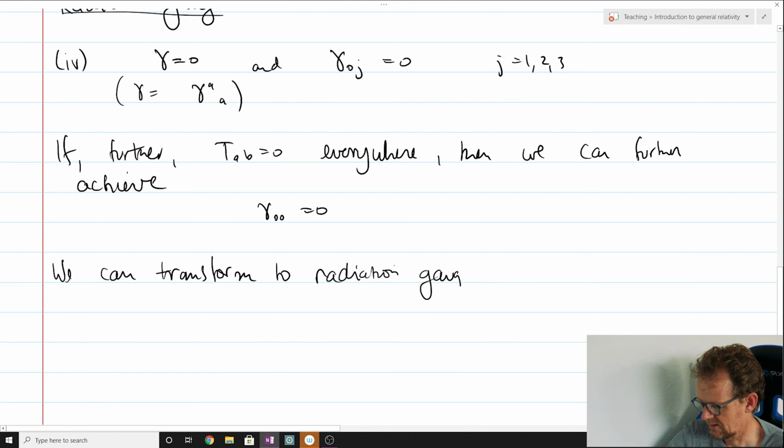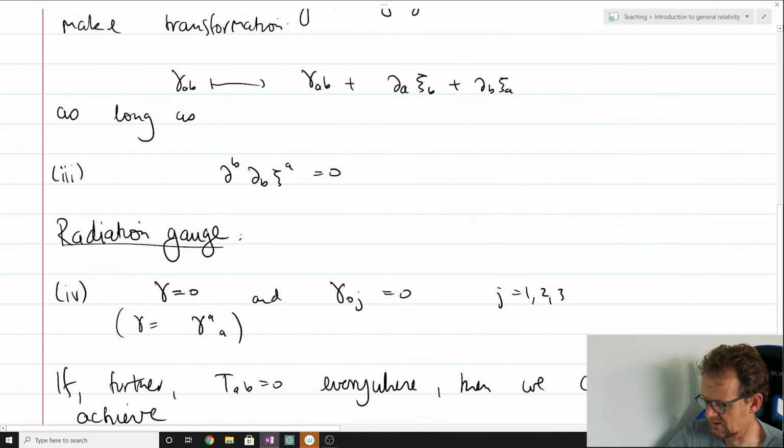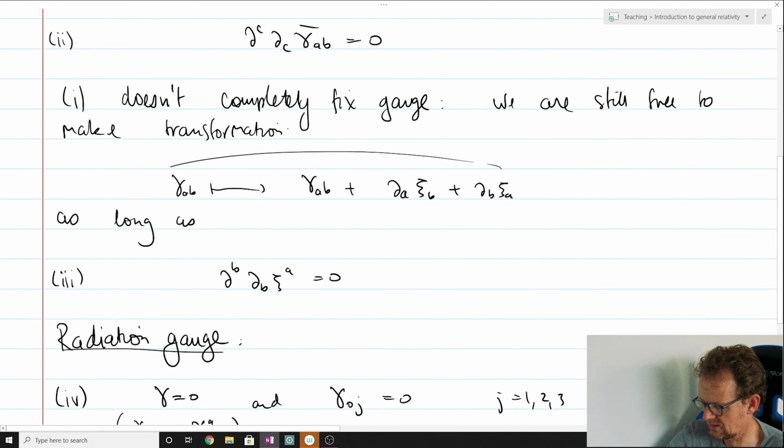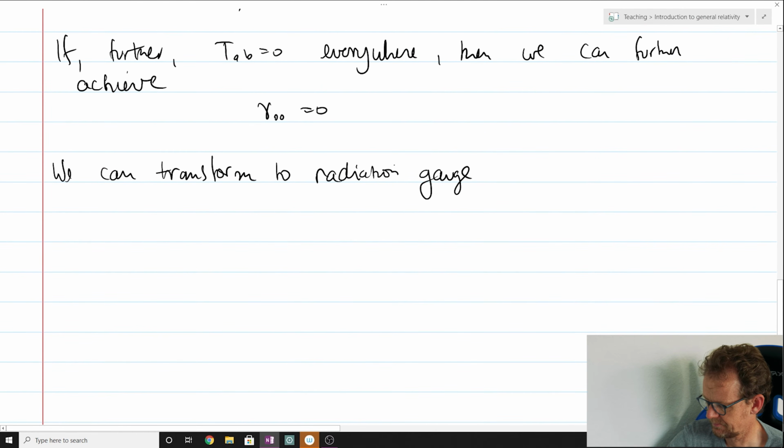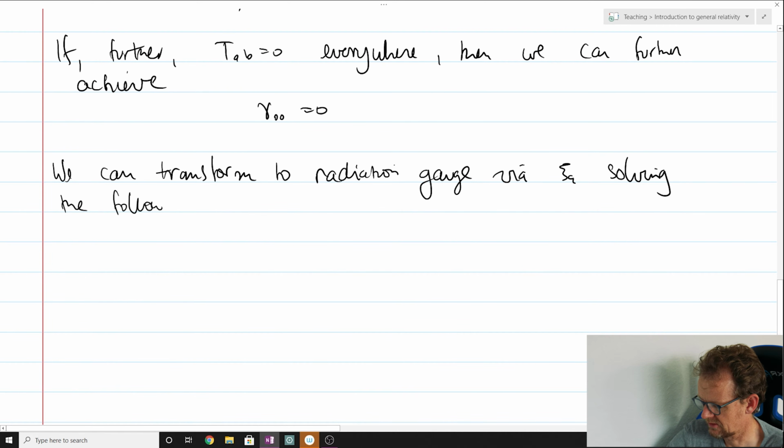The way we find psi is we simply substitute in this gauge fixing condition into these equations down here for the radiation gauge, and then we solve. We have to solve the following equations somewhere.